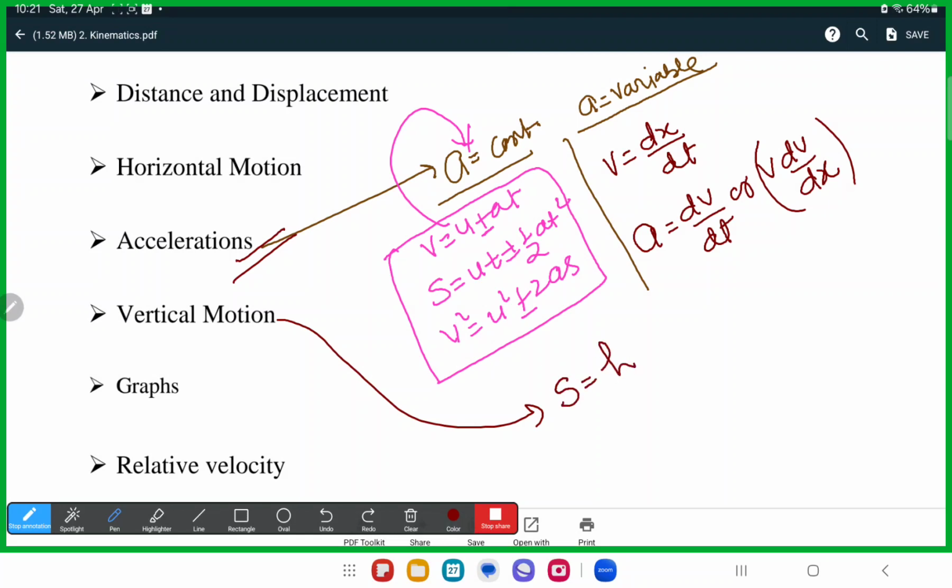X will be replaced by h, and a will be replaced by minus g. Always remember, a will be replaced by minus g. If you put in all the values, we get all the motion in the vertical plane. Just as there are six equations for acceleration and retardation, in the same way six equations are available in the vertical section.